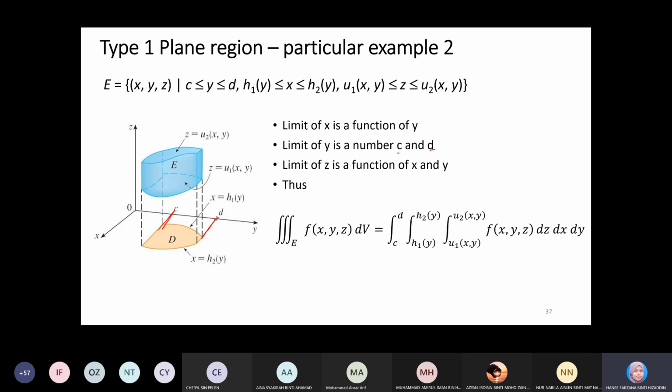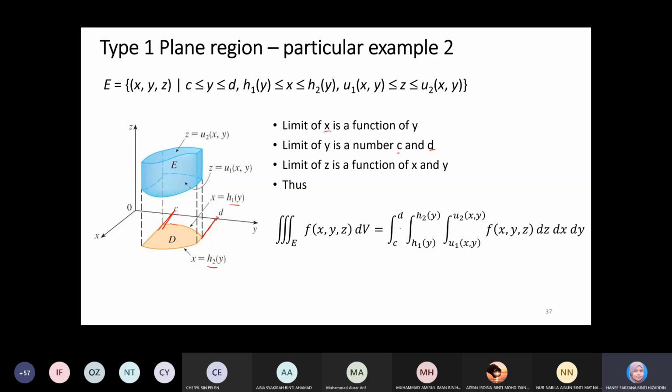So it's still a type 1 plane region because the shadow of the solid still lies on the XY plane, but this time the y limit is a number from c to d, whereas the limit of x is a function of y. So the x lower and upper limits are defined by h1 and h2 as functions of y respectively. And still the limit of z is a function of both x and y.